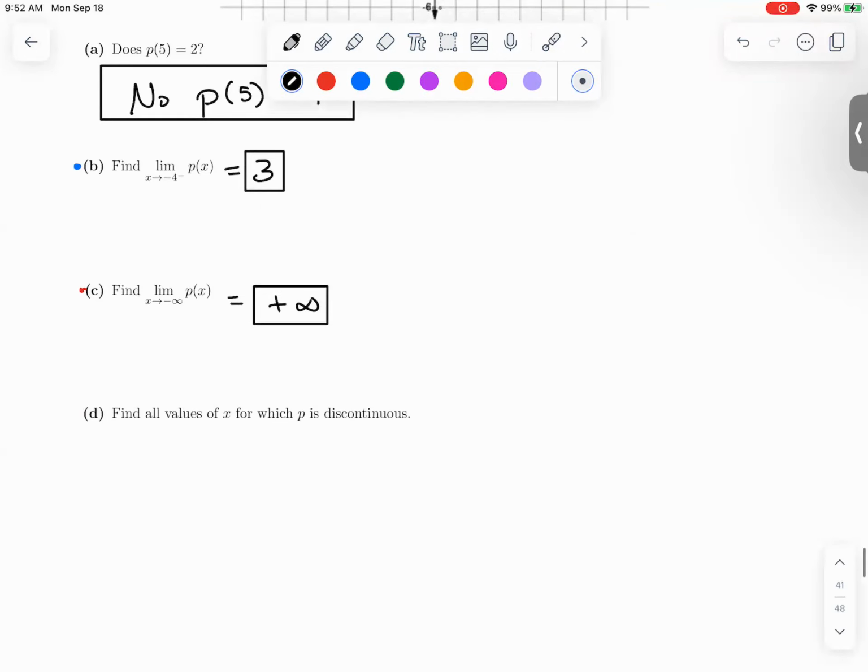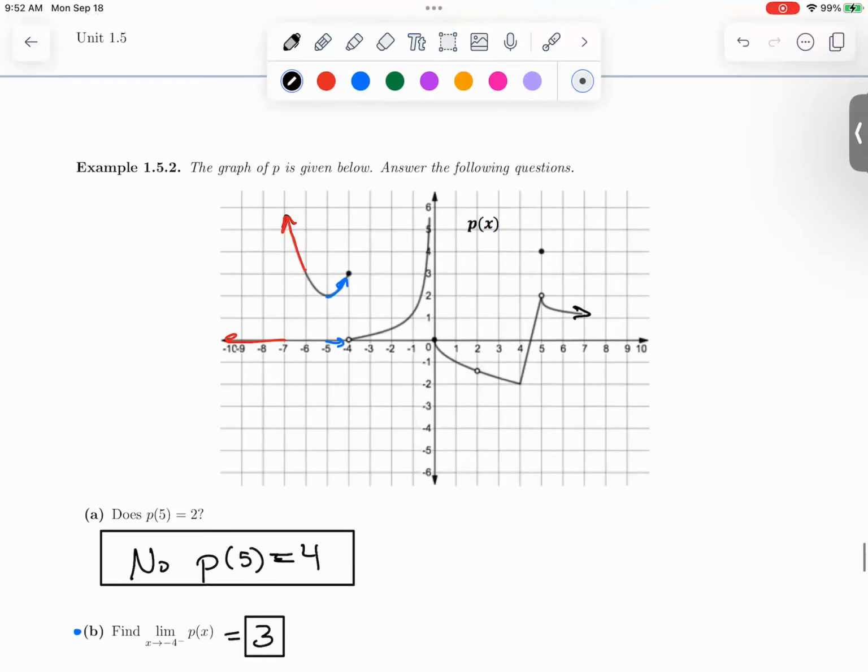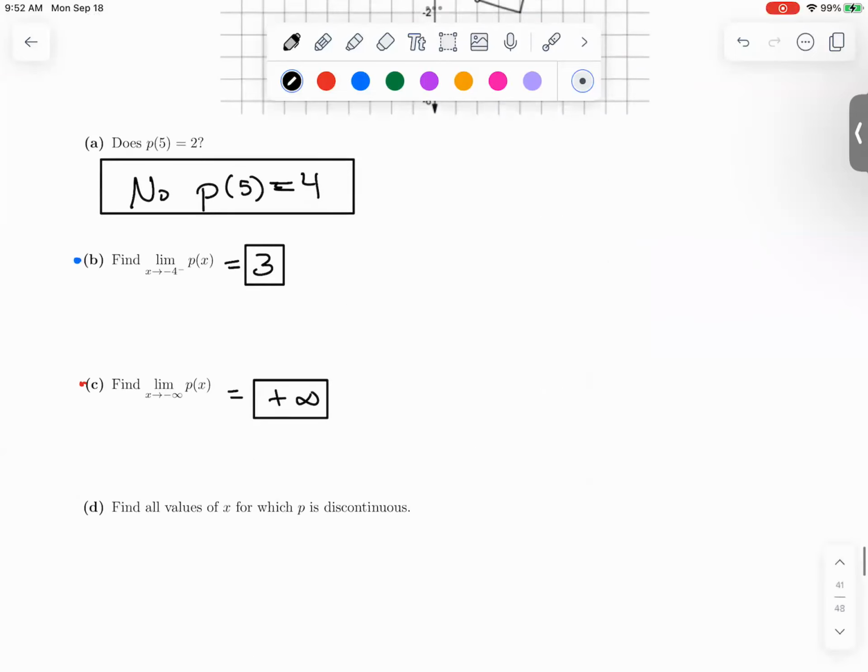So find all the values of x for which p is discontinuous. That's the last one. Looking at the graph, read it left to right. Where's the first x value of discontinuity? -4. It's a jump discontinuity. So we have x equals -4.